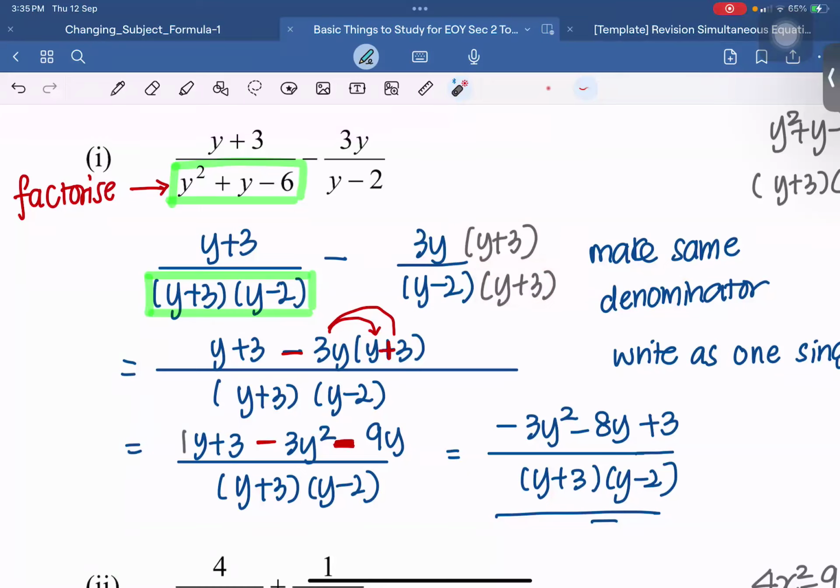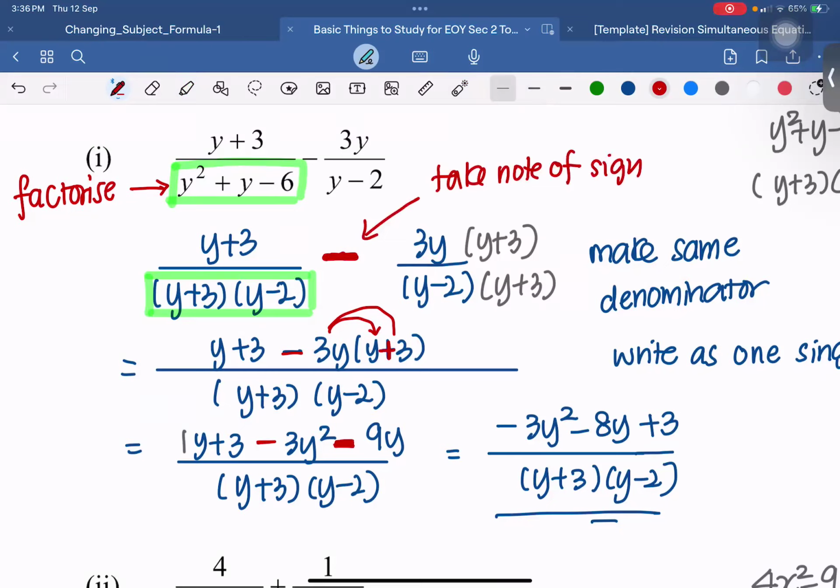Okay. Then the teacher always gives a very tricky situation. Remember, this is a subtraction sign. I should put this in red color. Subtraction. So we need to take note of sign. The sign can change later.